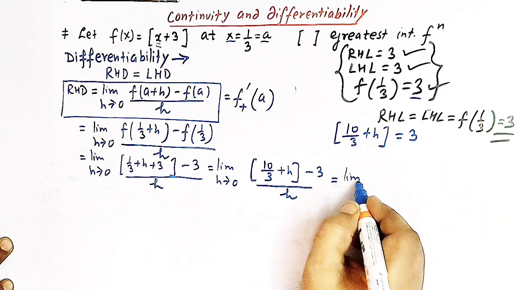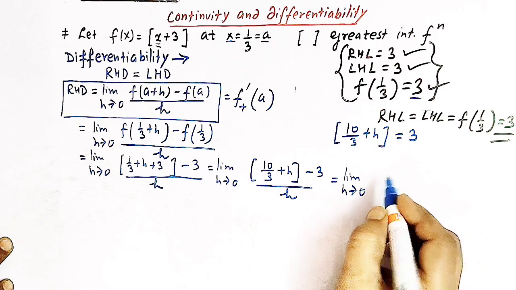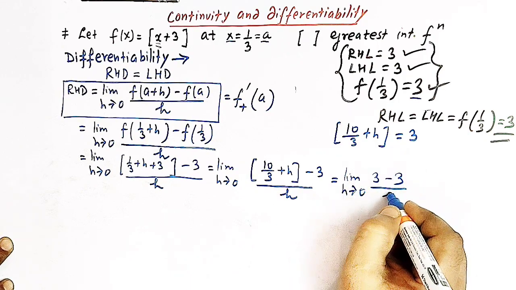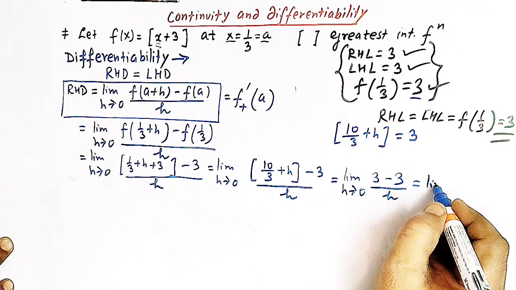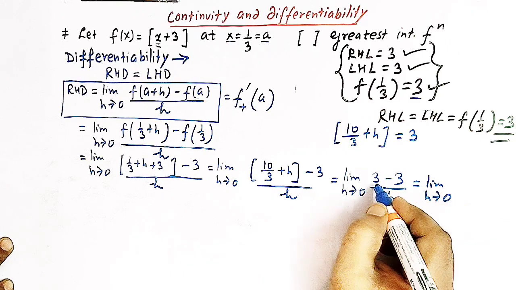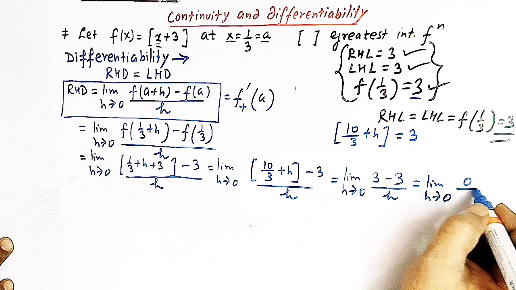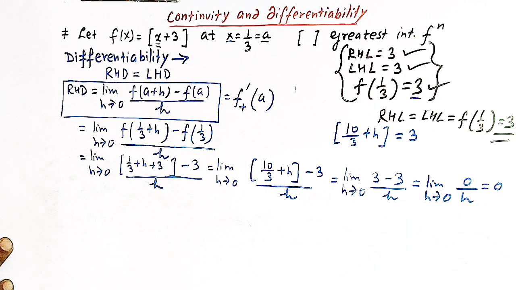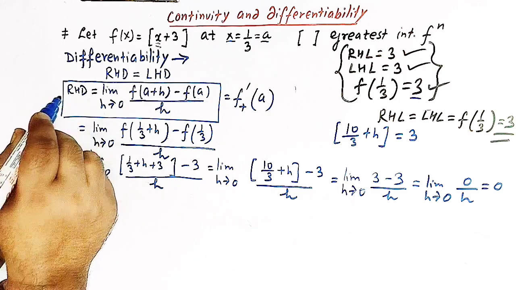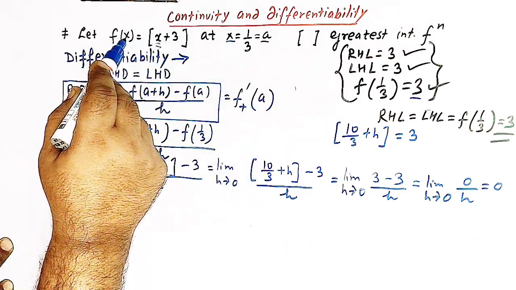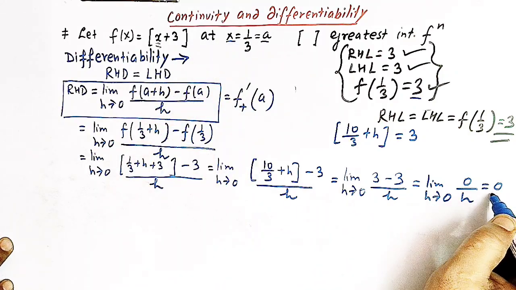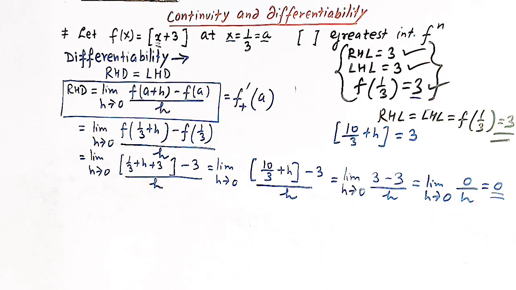So we have limit h tends to 0, 3 minus 3 over h. So this is limit h tends to 0, 3 minus 3 is 0, over h. So that is equal to 0, right? So the right hand derivative of this function at x is equal to 1 over 3 is given by 0.